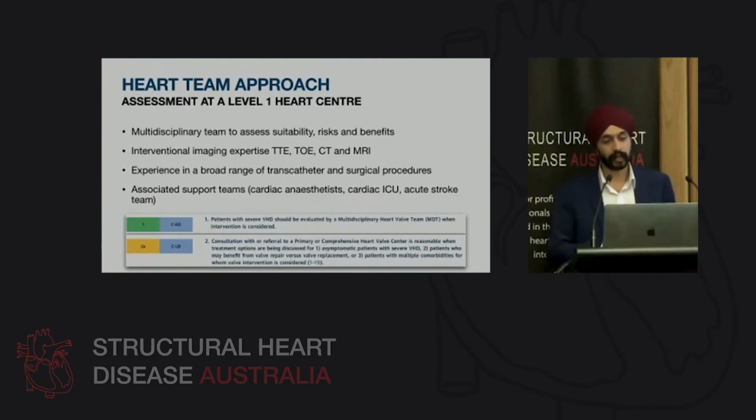The level 1 heart center should have experience in a broad range of transcatheter and surgical procedures, and there should be the relevant associated support teams. So they're the types of centers that should be doing transcatheter edge-to-edge repair, where they've got all of these facilities and expertise.